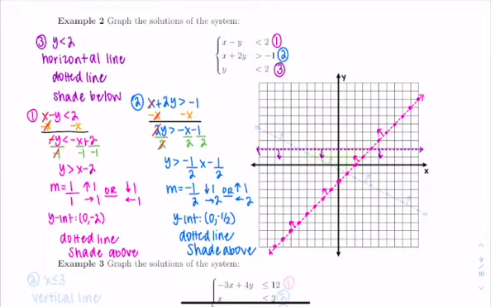So let's go ahead and plot this one. We have our y-intercept at (0, negative 1/2). Then we have a slope of negative 1/2, so down 1 and over 2.